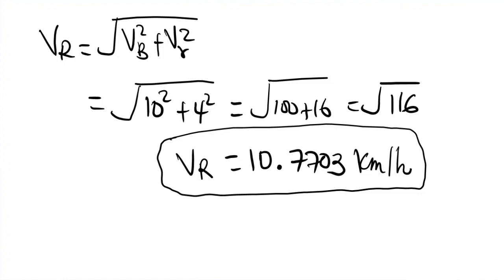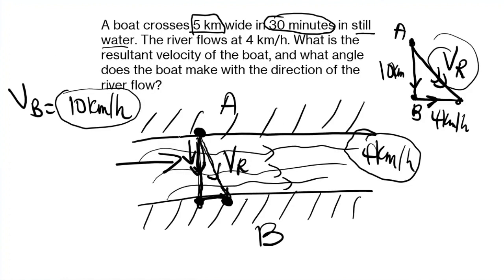But then we're also interested in the direction. When it's moving, there will be a particular direction here, theta. We are interested in the direction that we will finally be moving in. And then we know that this is theta, this is the hypotenuse, this is the opposite side, and this is the adjacent side. How do you find theta?